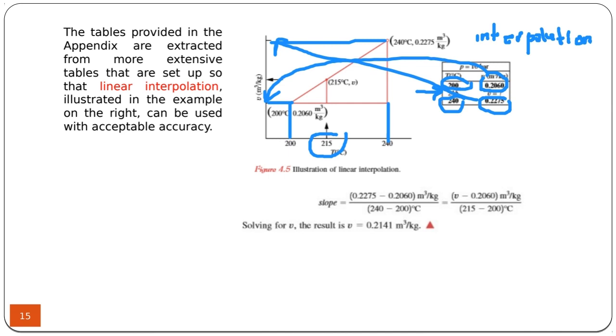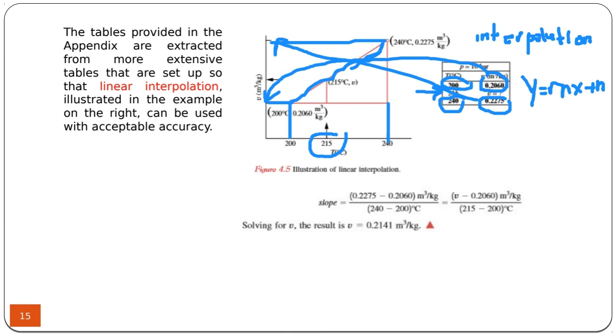As you can see, because the variation is linear, you can write the equation of the line, because the line has an equation of y is equal to mx plus n. This is the equation of this line. You can obtain the equation of this line by using the given values. Then you can use this equation of the line for any value inside the given values.